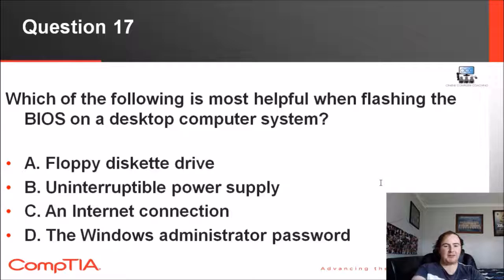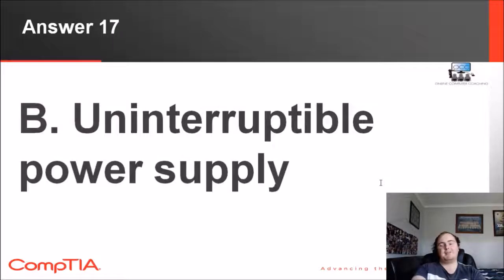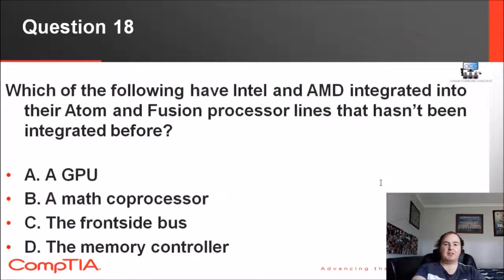So it's not going to be D. A floppy disk drive, maybe if you're installing it that way, but most of the time you do it through USB in the modern day. An internet connection, don't have to worry about internet because you're not at that stage yet. So you got A and B. UPS is the answer. Basically, if you lose power, your motherboard at the very least will become completely useless if it's corrupted and loses power.